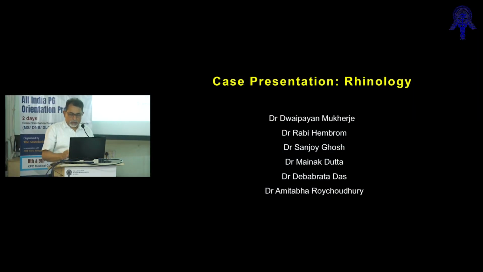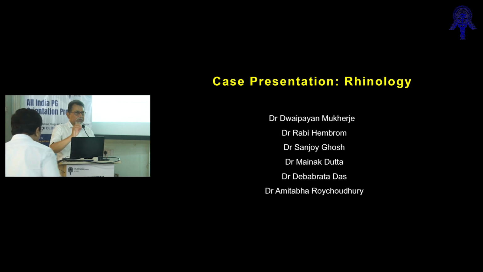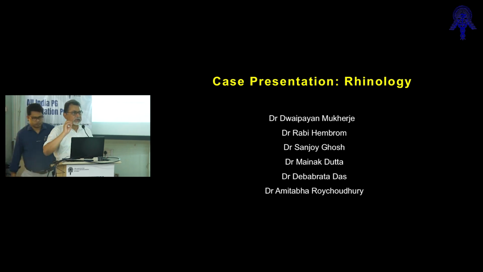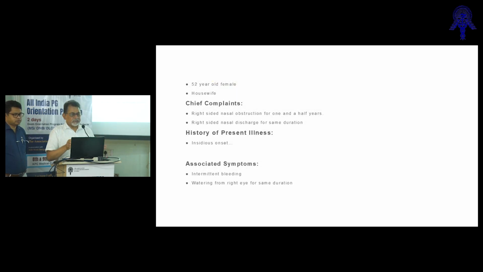Thank you. Ravi, please come here. Because we are also running a little behind schedule, I will quickly, in 2-3 minutes, take you through a case capsule, and then Dr. Ravi will take you through the history taking, as in the sequence described by Dr. Doipan. So we are going to discuss a 52-year-old female who is a housewife. Very short history because we have to discuss all the aspects.